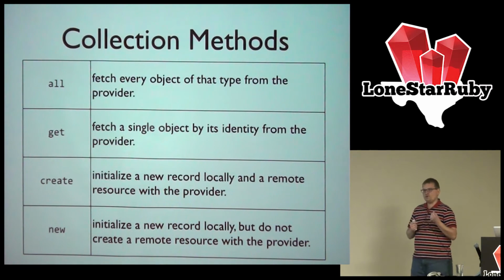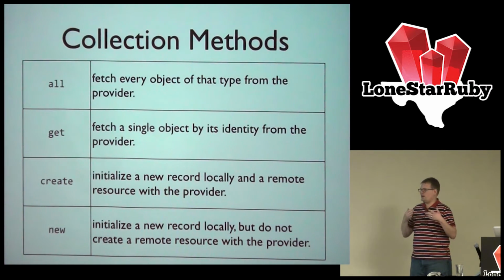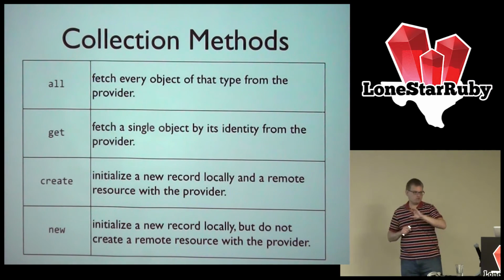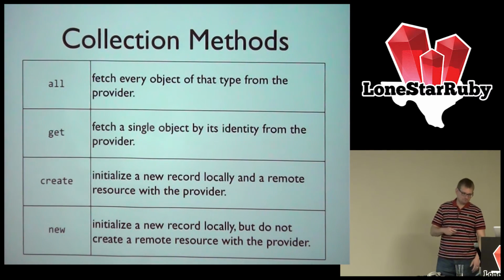If I would have known the ID for that Ubuntu image, I could have retrieved that directly using the get method. And then there's also a create and a new method, and that reinforces the RESTful nature of our cloud. If I would have used new, it would have created a local copy in our VM, and create creates not only that local copy, but that remote server as well.